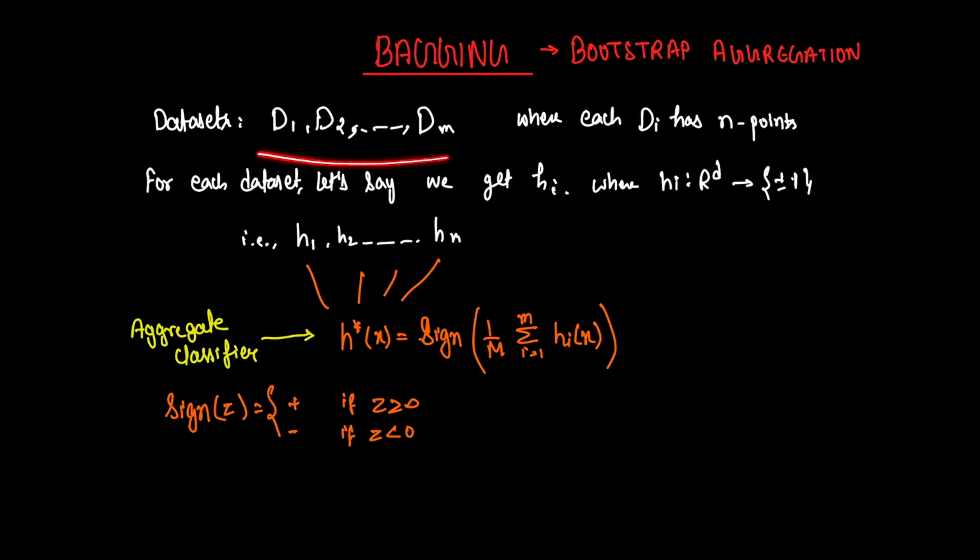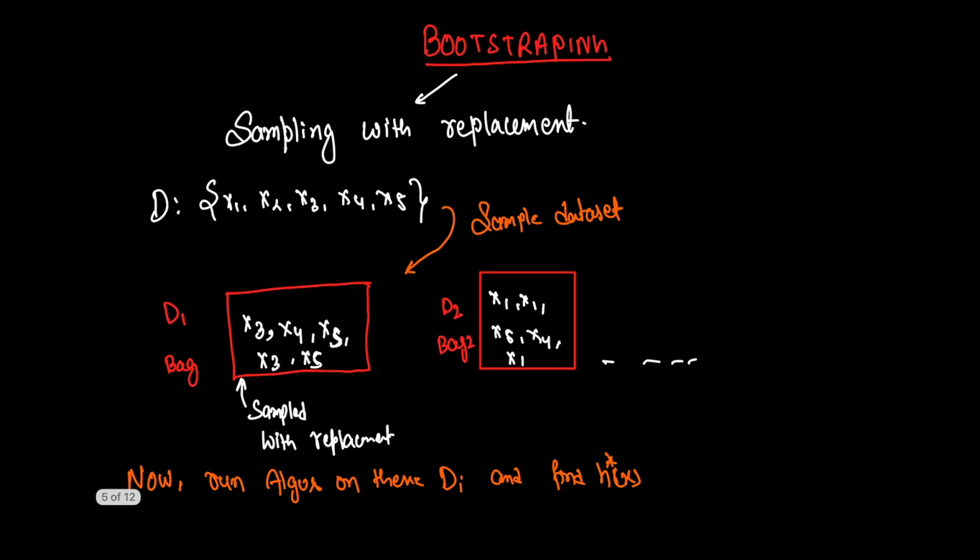So what we did: we had m data sets, we calculated the Hi's, and then we aggregated. We bagged all the learners and picked an average, which will perform better.